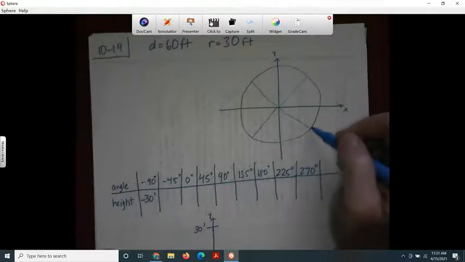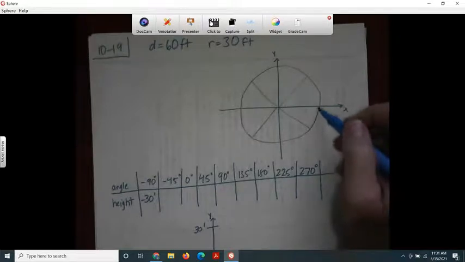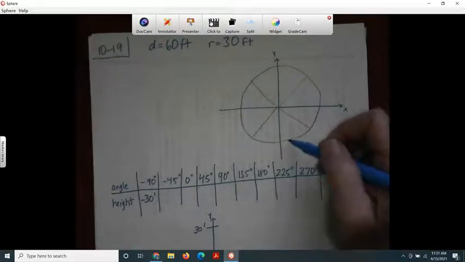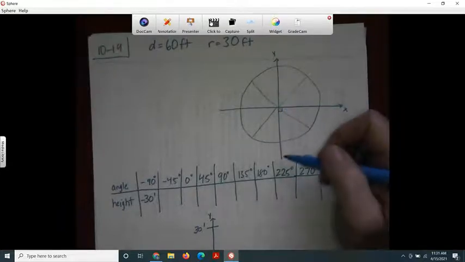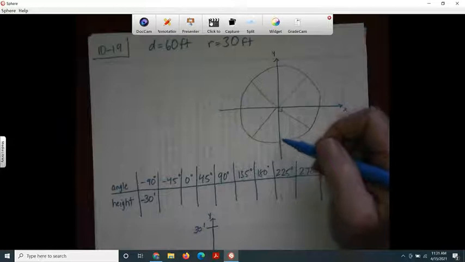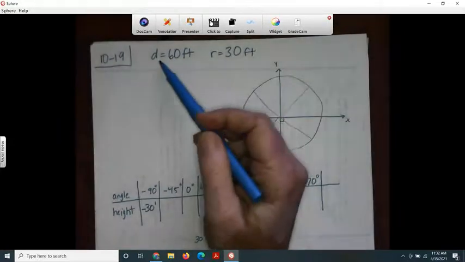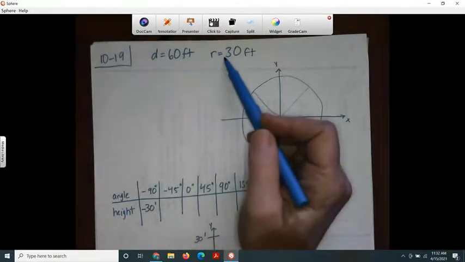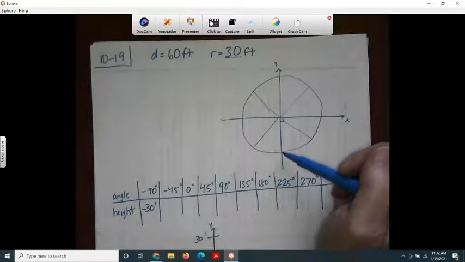So if I go clockwise by 90 degrees, what's my height going to be? Well, they already told me that the diameter is 60, so the radius has got to be 30. So I already know that this position right here is 0, -30.